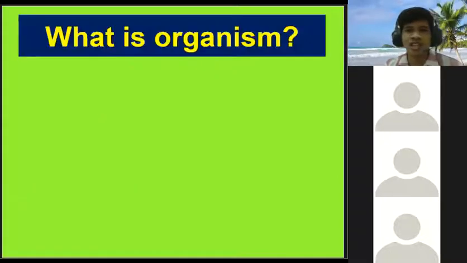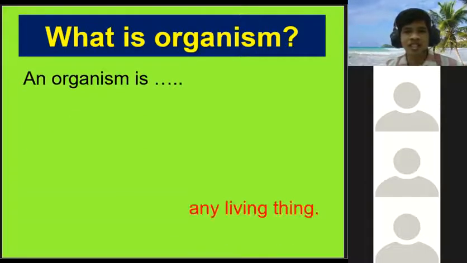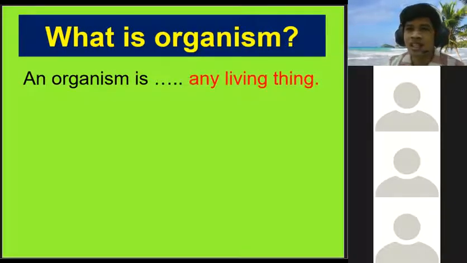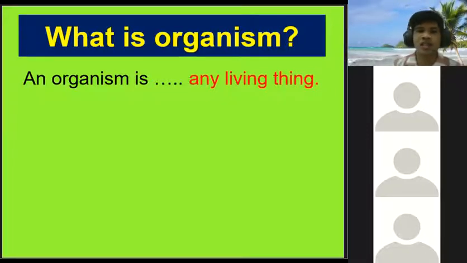What is an organism? We have learned already that organism is one of the components or parts of the ecosystem. An organism is any living thing. Any living thing on Earth is called an organism.